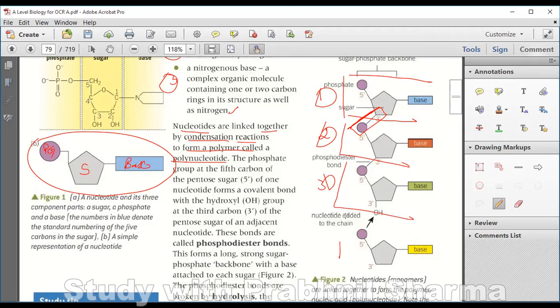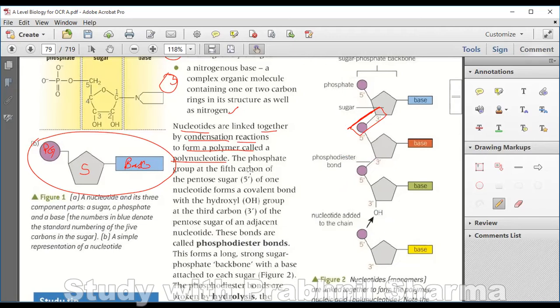So poly means many. You can say a substance which contains many nucleotides is known as polynucleotide. Poly means many, nucleotide means this group.